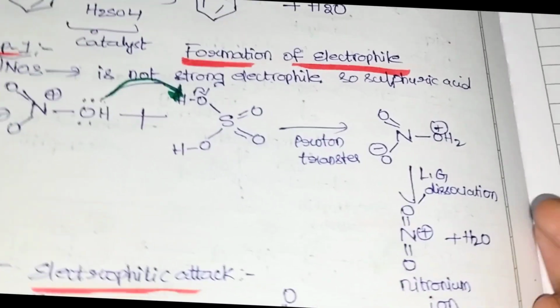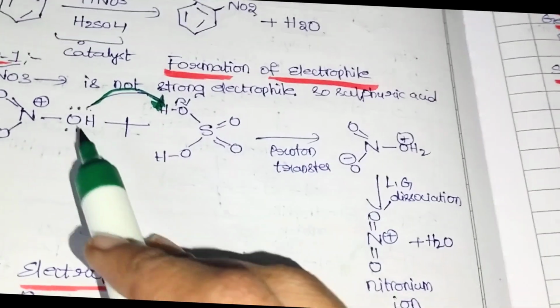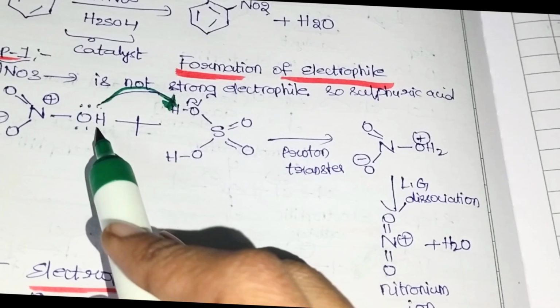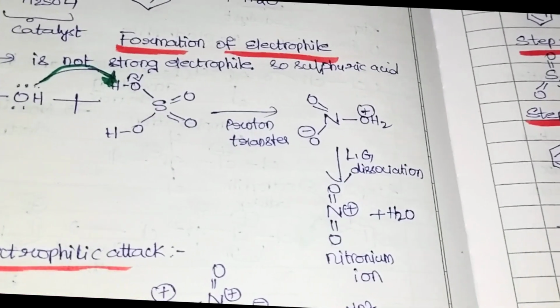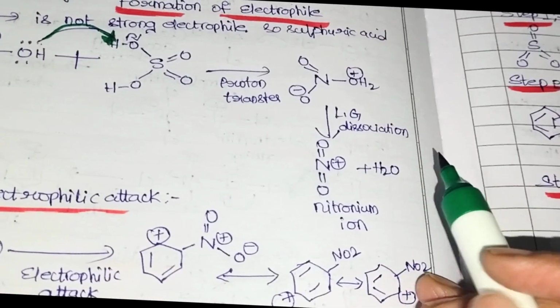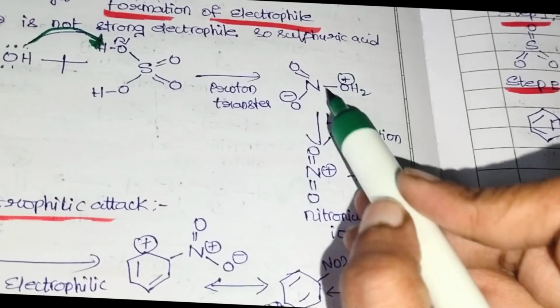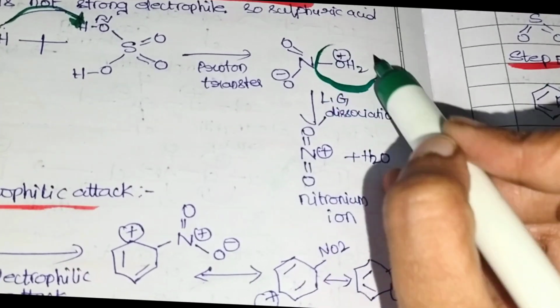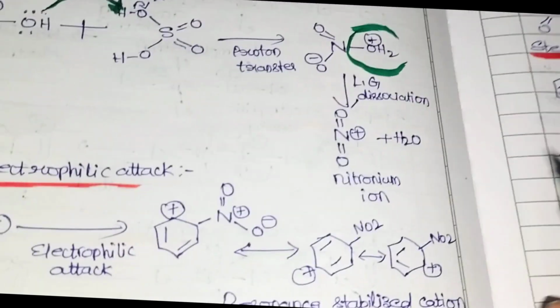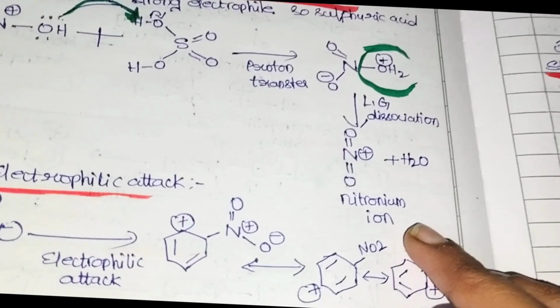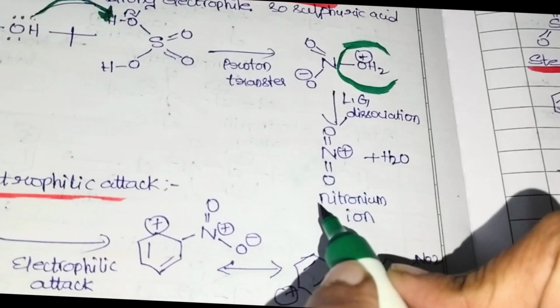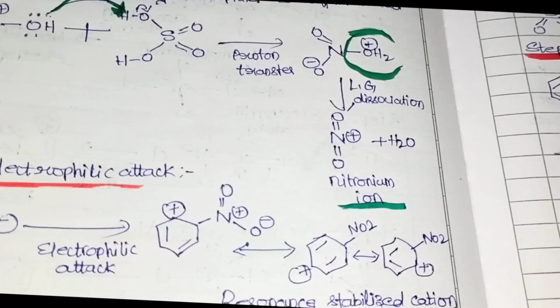So we get NO2 OH2 plus, where H is taken up here. Then the leaving group dissociates: H2O is lost to form NO2 plus, the nitronium ion. This is the strong electrophile which we want.